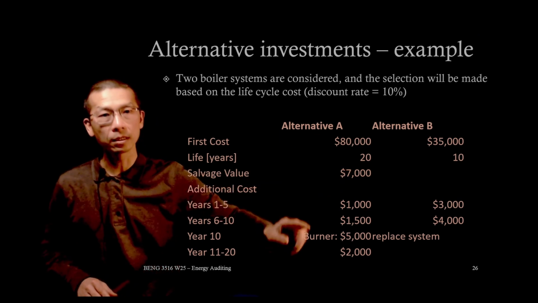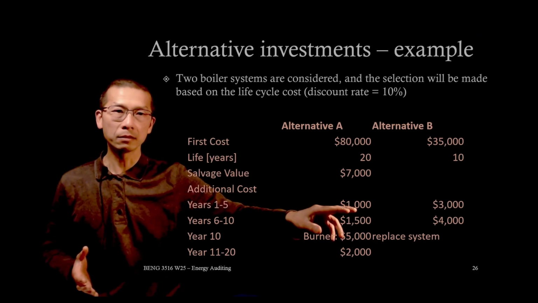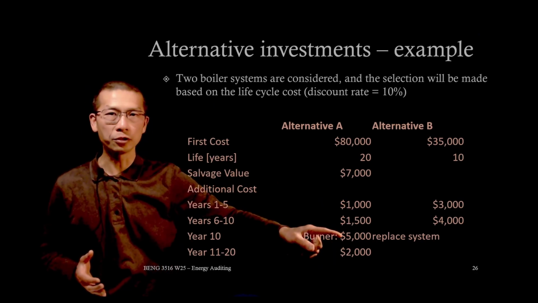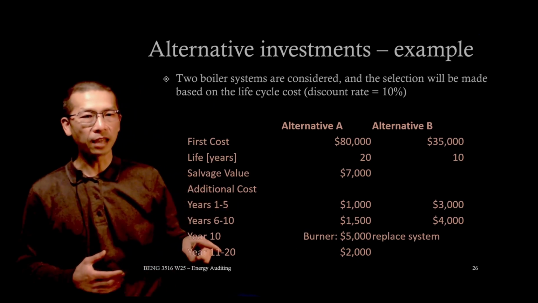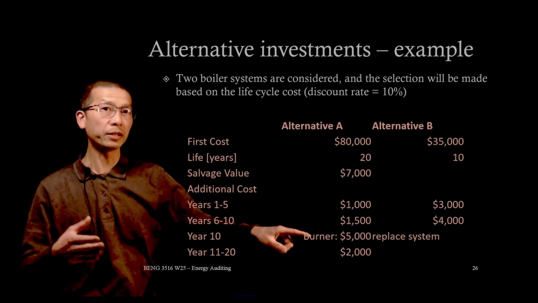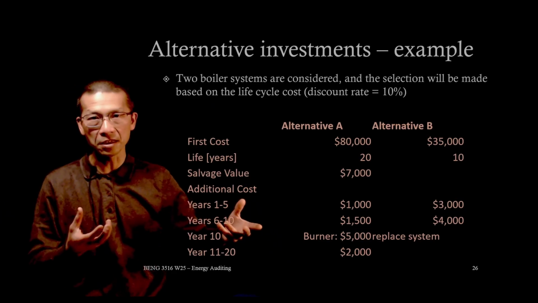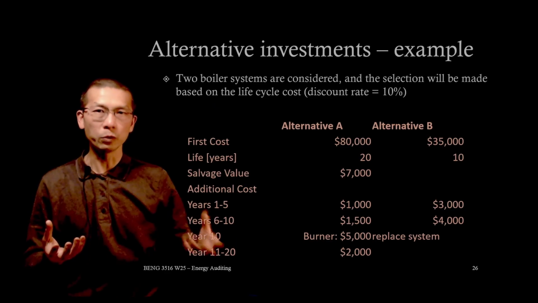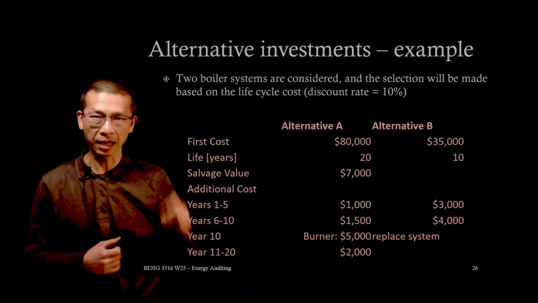Additional costs: 1,000 for the first 5 years for A, 1,500 for years 6 to 10. At year 10, system A needs to replace the burner, because it needs to be done every 10 years, and that's the cost, 5,000 at year 10.